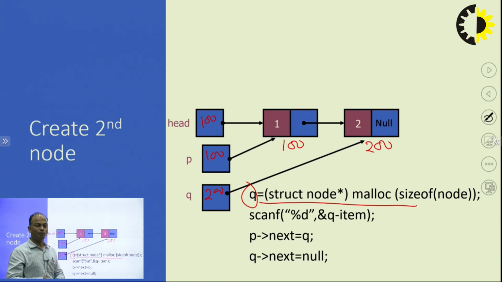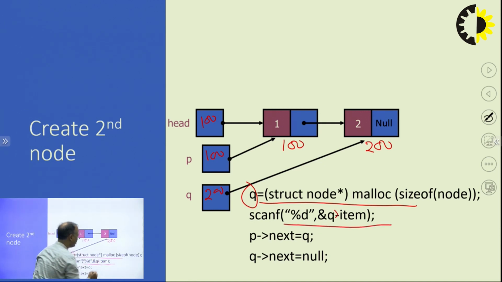So 2 more jobs are here pending. Pending works are here, assigning the value, assigning the multiple parameters to the second node. So we are assigning here these parameters to the second node, and we have here very simple way of assigning these parameters. We are giving here the value to second node by giving Q arrow item.